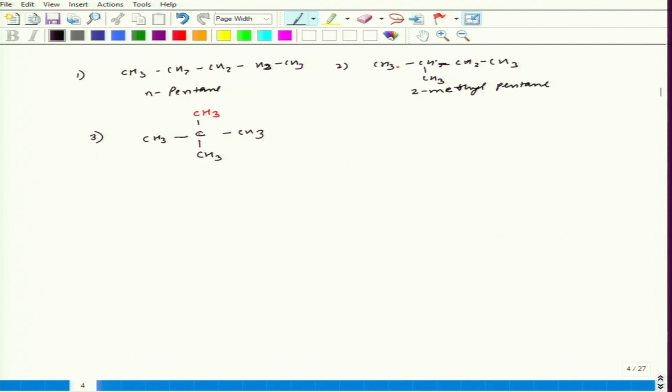Now see, 1, 2, 3, 4, 5. What will be the longest chain? 1, 2, 3. So now there are 2 substituents, and both substituents are on carbon number 2. So what will be the name? 2, and there are 2 methyl groups attached, so dimethyl.